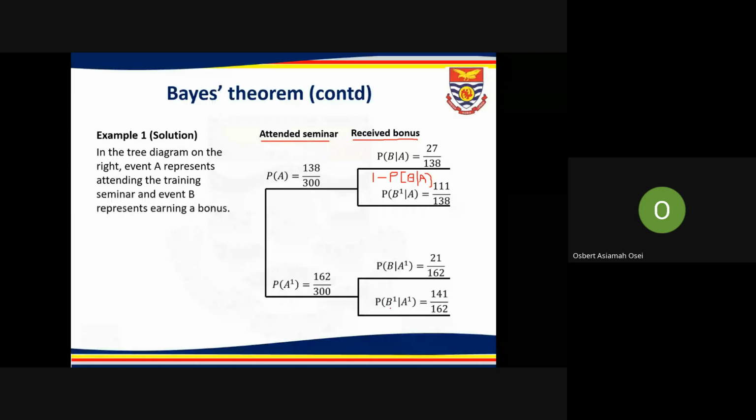And the probability of not earning a bonus given that A had not occurred gives us 141 on 162, simply gotten by subtracting this. If you subtract this from one whole number, you get 141 on 162. So that subtraction, I want to do it here. You have 1 minus 21 on 162.